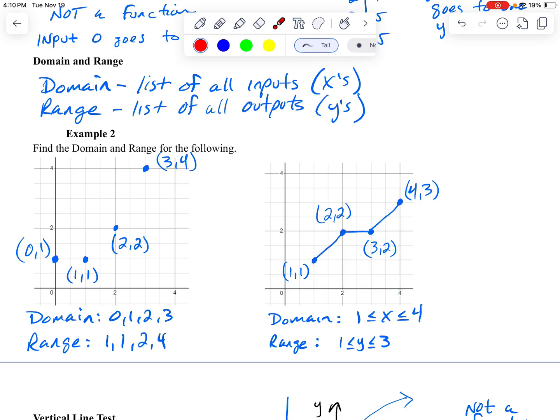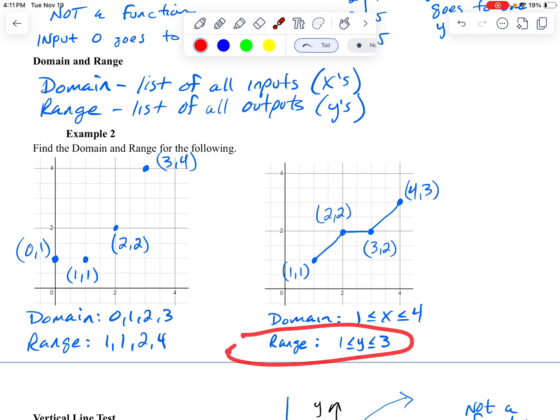So when we think about domain, we really just think, okay, going from left to right, my lowest x value is a 1, my highest x value is a 4, and since I've covered everything in between, then my domain is all of those x values that are bigger than or equal to 1 and smaller than or equal to 4.